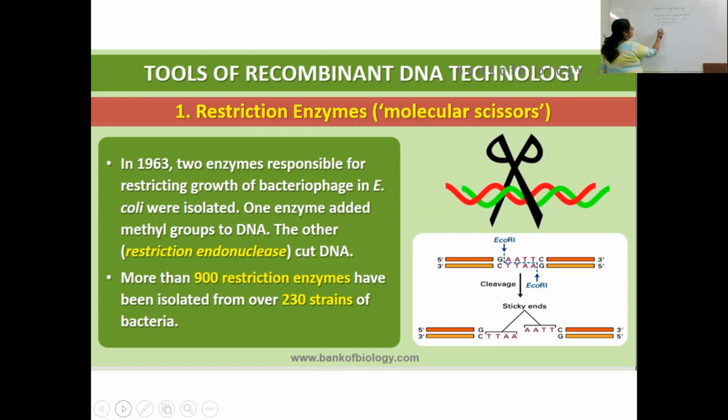One, it can produce a blunt end like this. That means it will cut like A, T, C, T, T, A, T, and then T, A, C, G. This type of ends are known as blunt end.